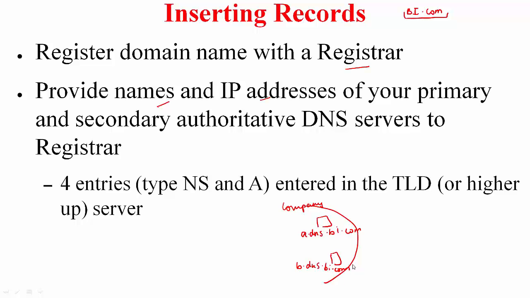And you're going to tell the registrar these names along with the IP addresses corresponding to these hosts. Now what the registrar does is it ensures that these four entries, that is the NS name and the IP address, again this other name and the IP address, are entered into the .com TLD.